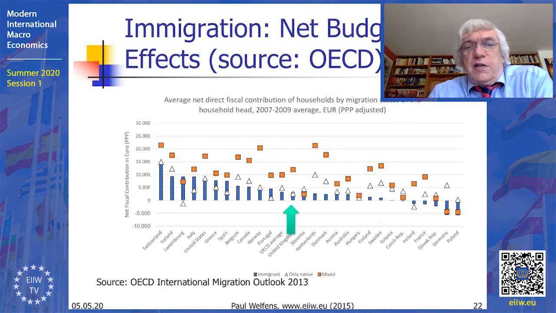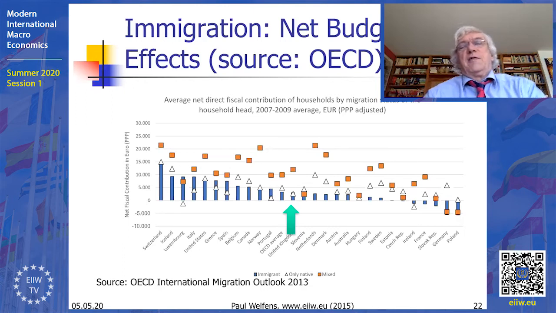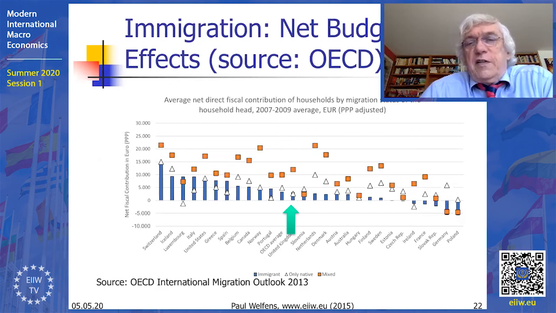When you look just at the effect of immigration, which is the blue bar, you see you have a surplus effect for the government budget almost everywhere. In Ireland, France, and the Slovak Republic, there is a small negative effect, and the negative effect is a bit larger than in Germany and Poland.